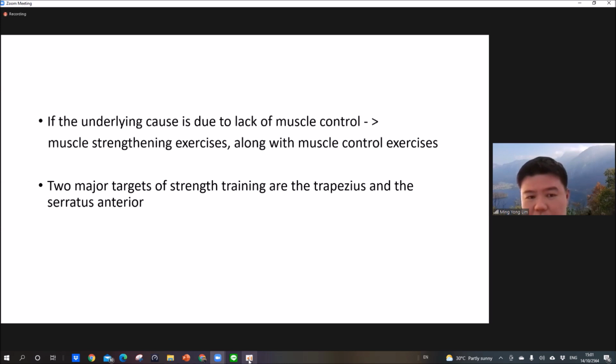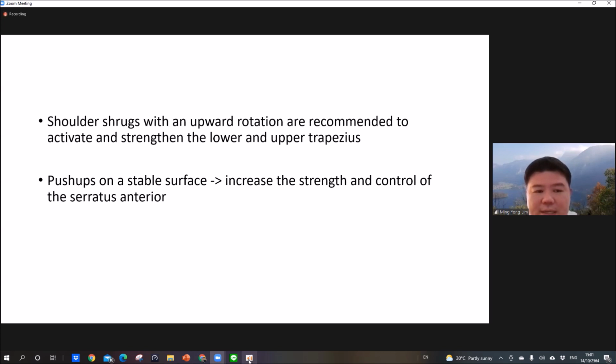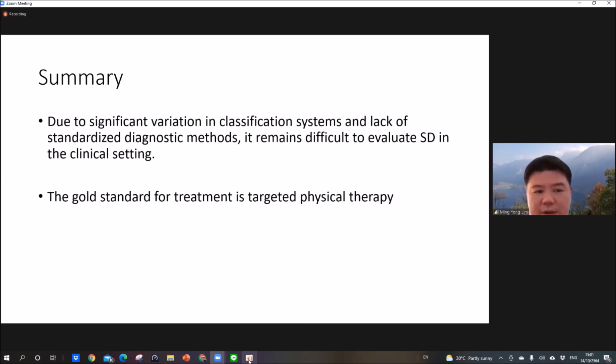If the underlying cause is a lack of muscle control, muscle strengthening exercise along with muscle control exercise is introduced. The two major targets are the trapezius and the serratus anterior. Shoulder shrug with upward rotation is for the lower and upper trapezius, whereas push-up on a stable surface increases the strength and control of the serratus anterior.